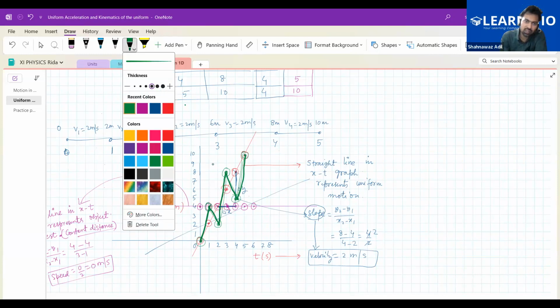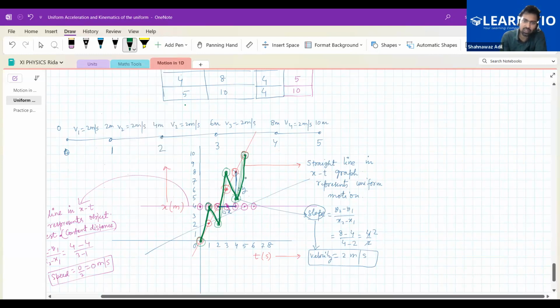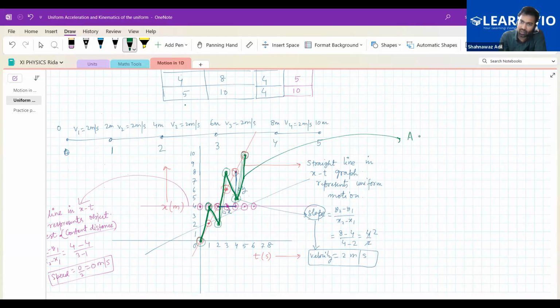No, sir. So a graph which is not a straight line represents non-uniform motion.